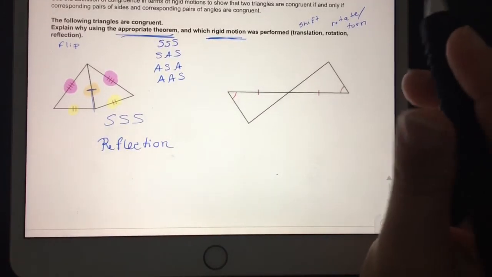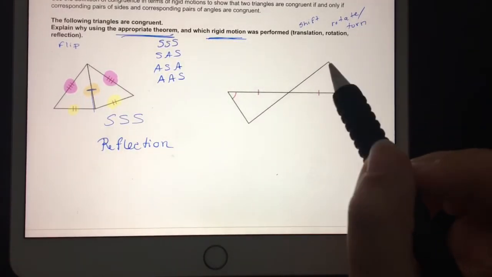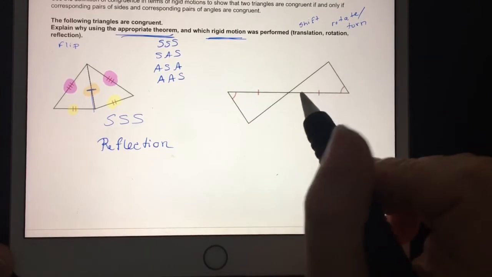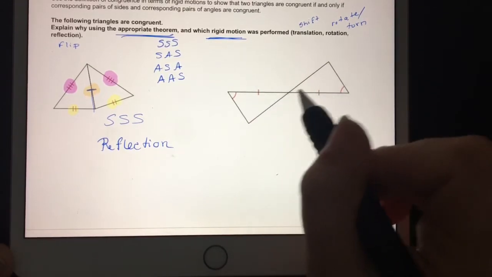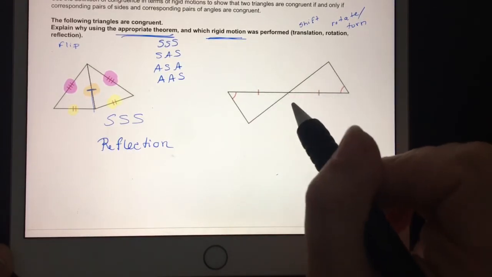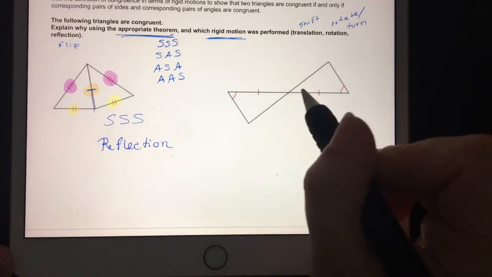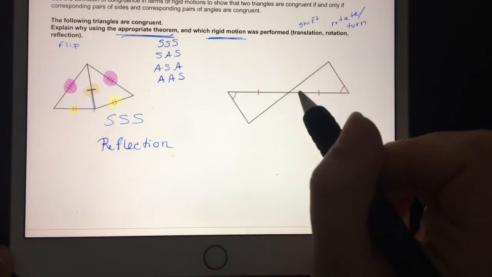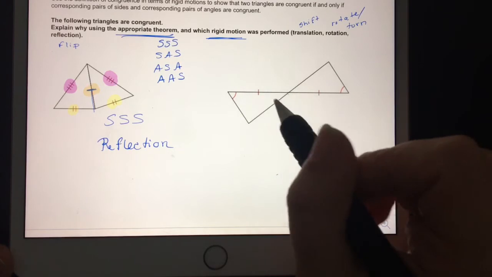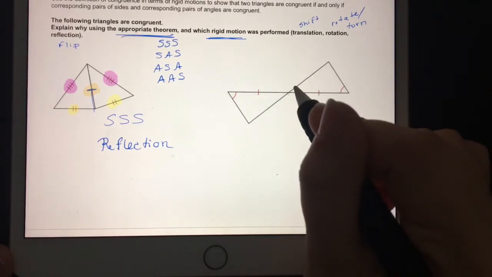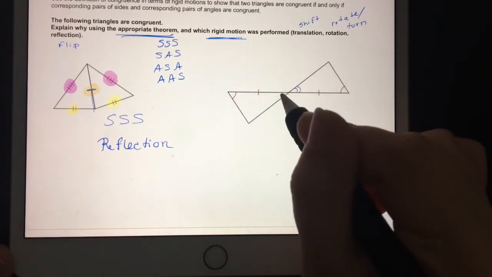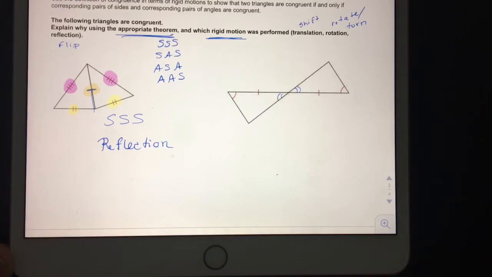The next one. So similar to the last problem in the last video that we did, we have 2 triangles that share a vertex right here. And these angles that are formed are vertical angles. They're across from each other when we have intersecting lines. And vertical angles, we learned, are congruent. So I'm going to mark those congruent.